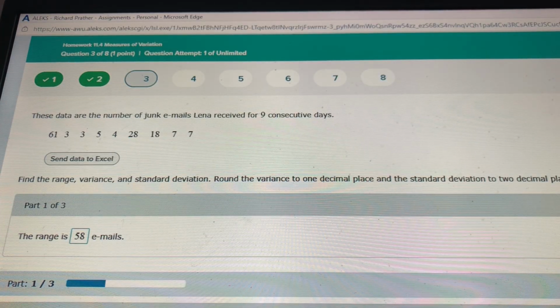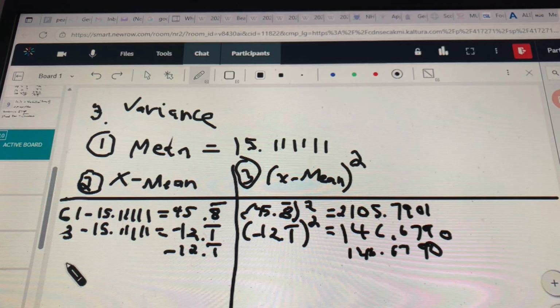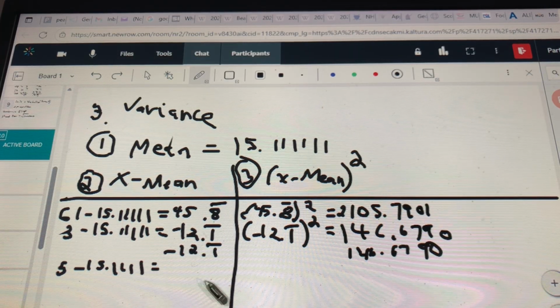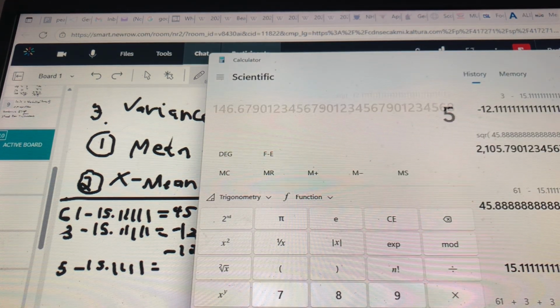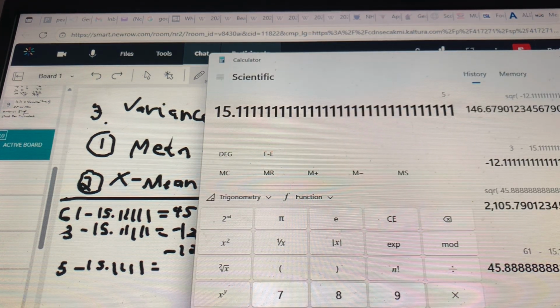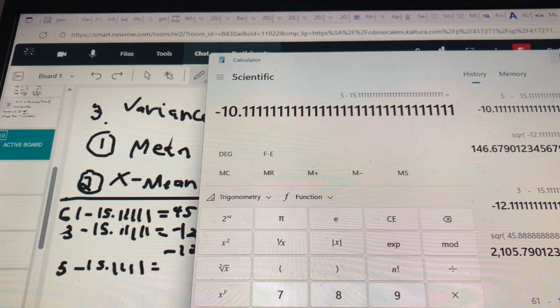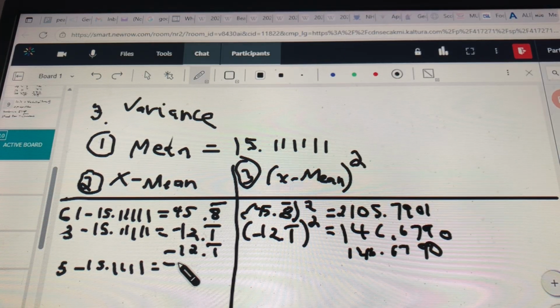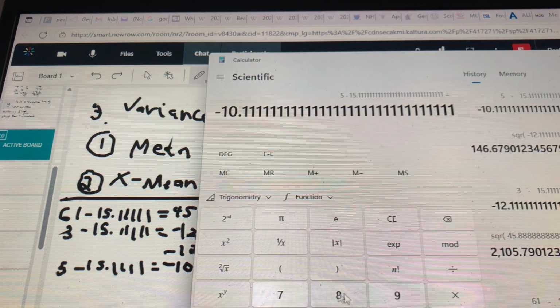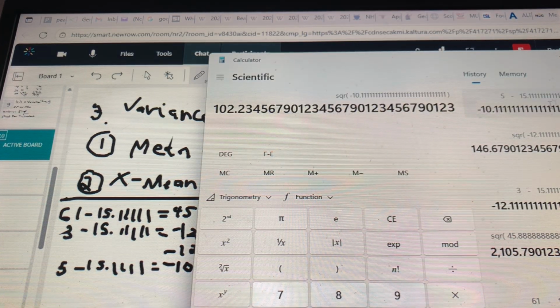Okay, now we got 5 next. 5 minus 15.1 repeating. 5 minus memory recall, negative 10.1 repeating. Square it. 102.2345, but there's a 6 after that, so 2346.